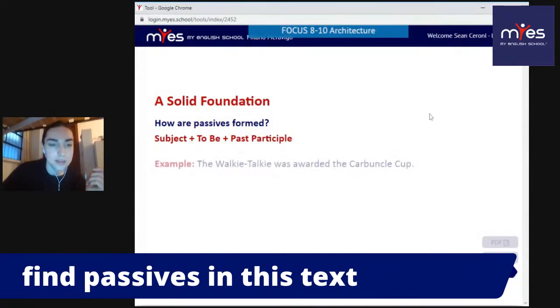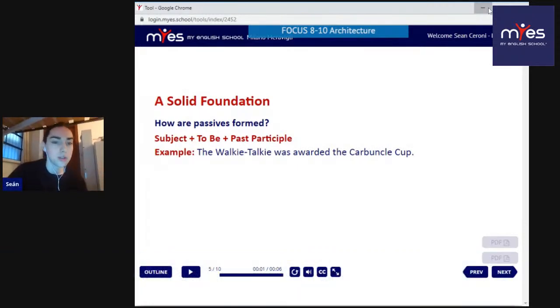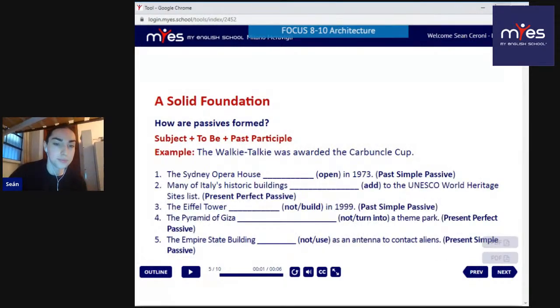So how are passives formed? A solid foundation: subject plus to be plus past participle. Example, the walkie-talkie was awarded the Carbuncle Cup. So as I said, in every tense it's the same.